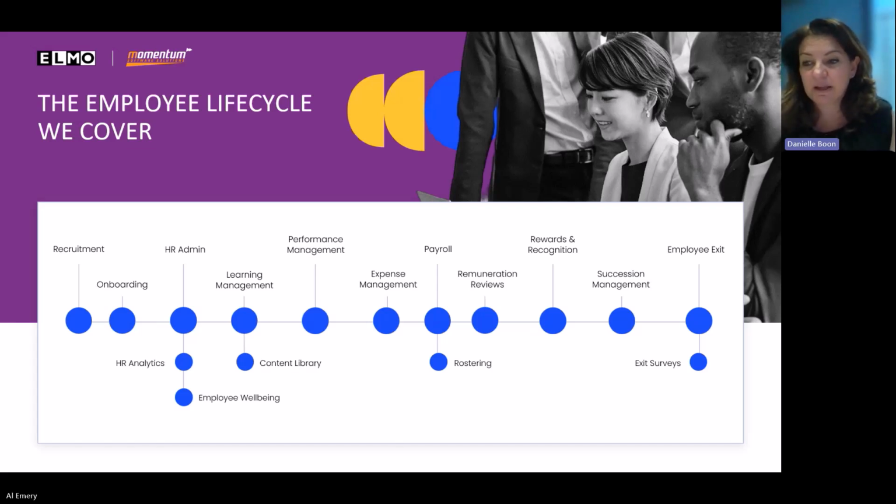And it's really all about automating the HR policies and processes in your business, helping you achieve compliance and freeing up your HR people to focus on more strategic activities. So where we see our customers buy ELMO is the top 5 modules along the screen: the recruitment, onboarding, core HR and analytics, learning and performance.